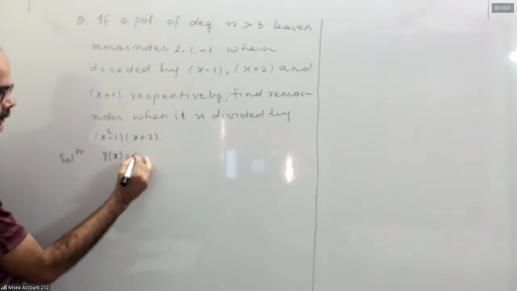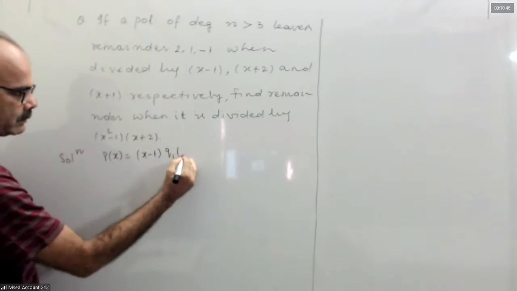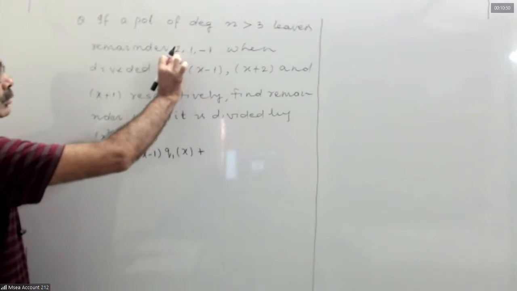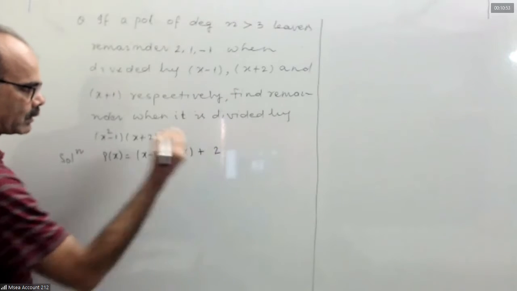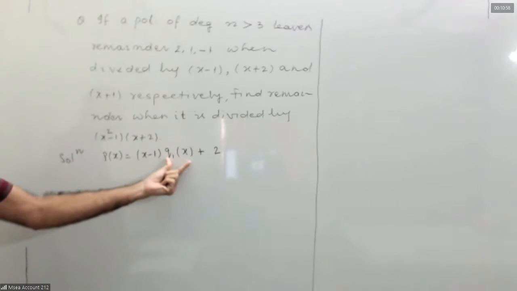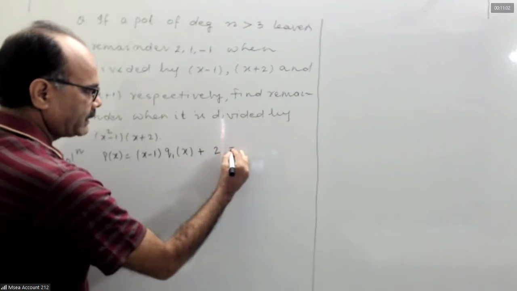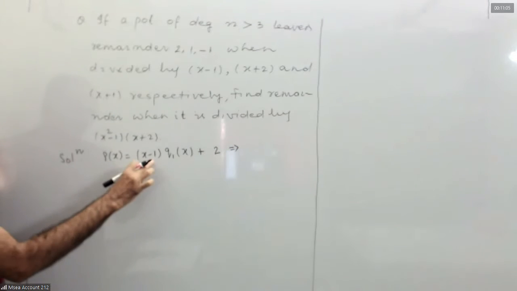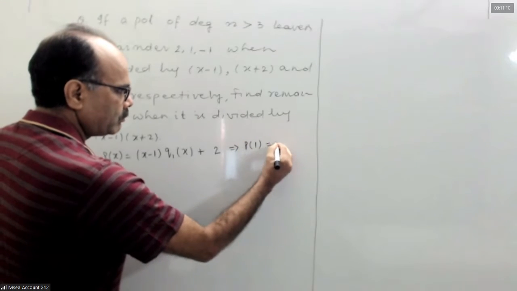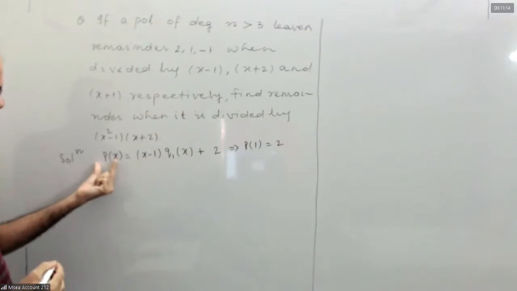When we divide by x minus 1, the quotient will be some polynomial, plus remainder 2. Divisor into quotient plus remainder equals dividend. What does it mean? Put x equal to 1, because the divisor gets 0. P of 1 equals 2.